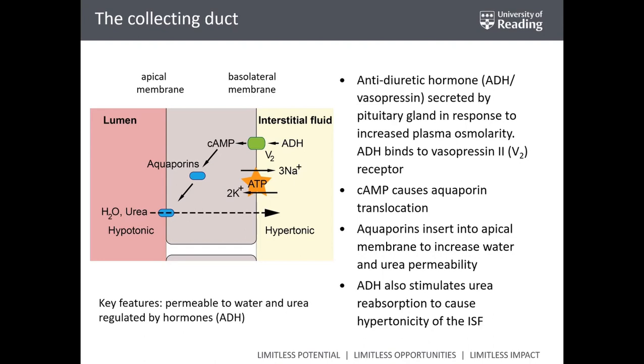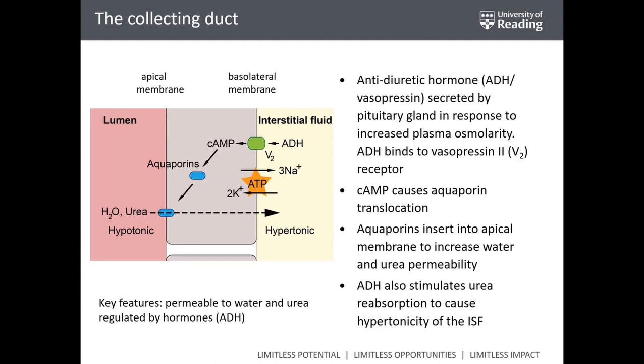This is a metabotropic receptor, which leads to the increased concentration of cyclic AMP. So it's a Gs coupled receptor, which leads to the increased synthesis of the second messenger cyclic AMP. And cyclic AMP drives the translocation of aquaporins from vesicles in the cytoplasm into the apical membrane.